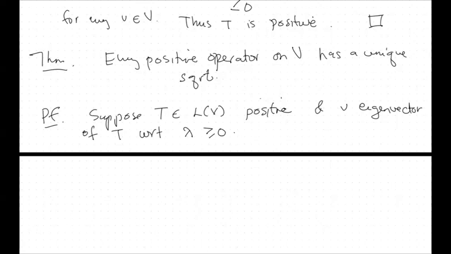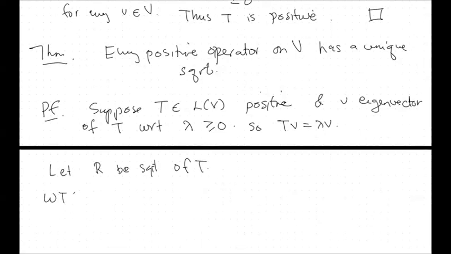This is the consequence of being a positive operator. So your T of v is lambda v. Let R be the square root of T. We want to show that R of v is square root of lambda times v.